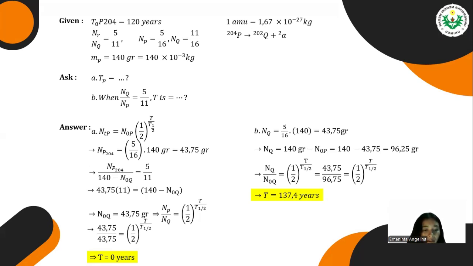And NQ over N0Q is equal to 1 over 2 to the power of T over half-life, equal to 43.75 over 96.25, and it makes the T equal to 137.4 years.